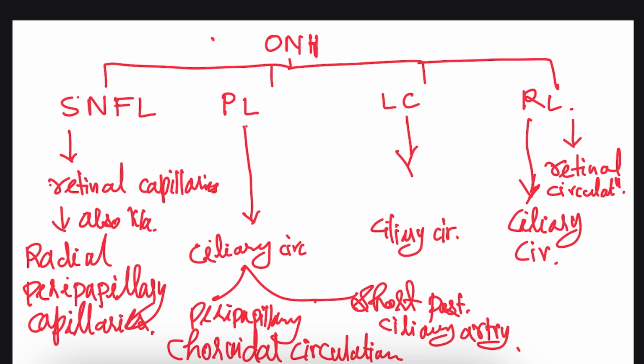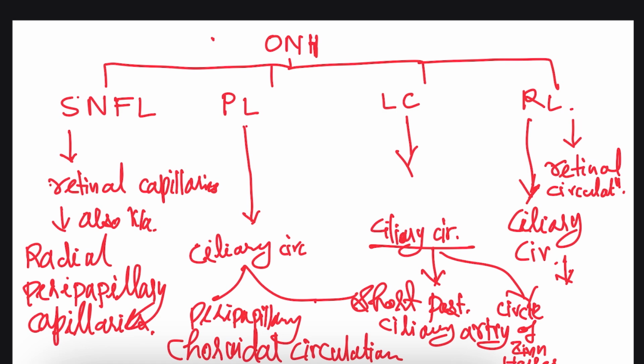Now the lamina cribrosa ciliary circulation comes from the short posterior ciliary artery and also from the circle of Zinn-Haller.